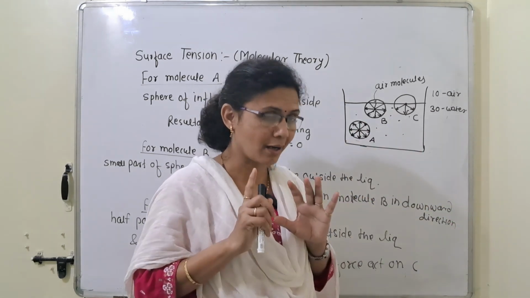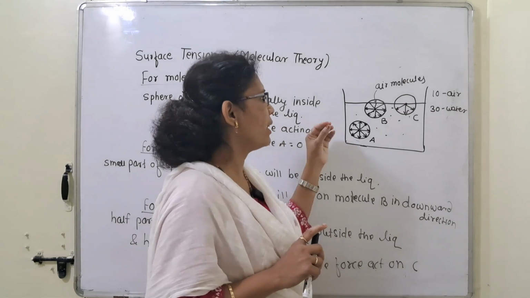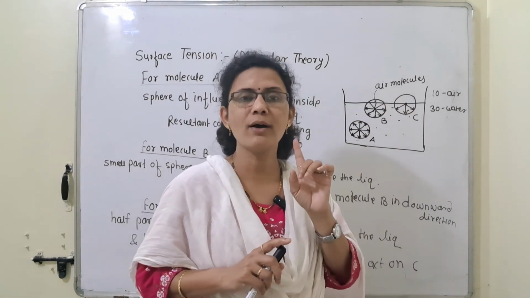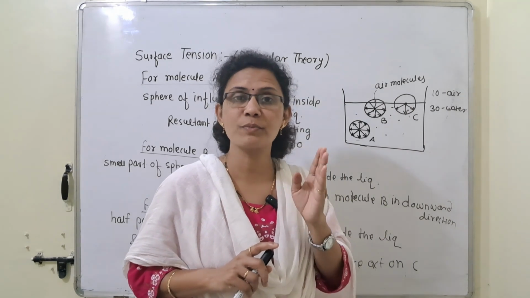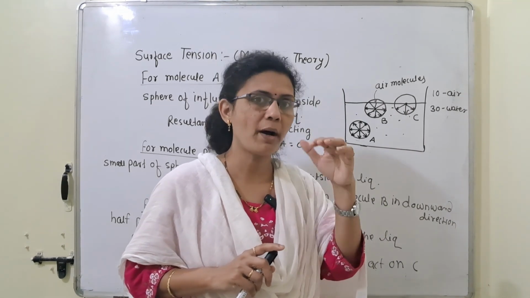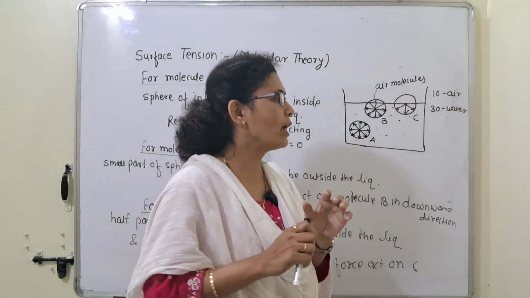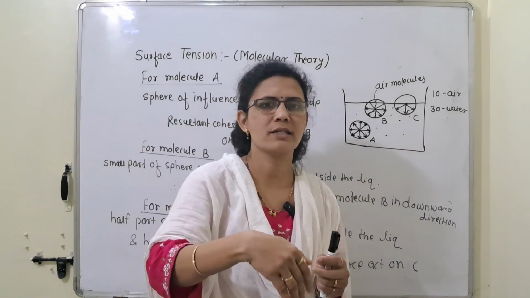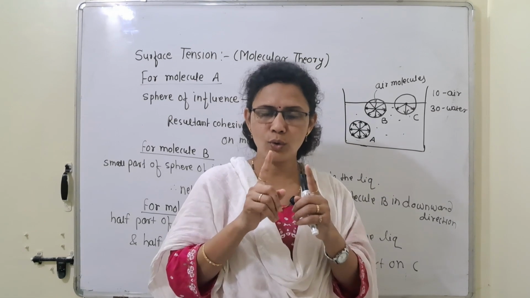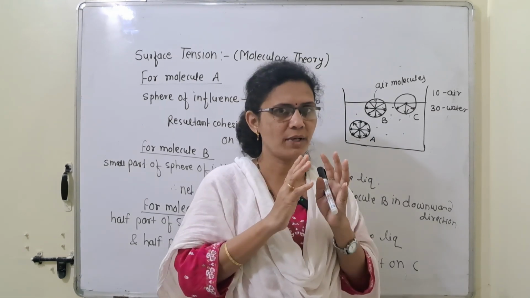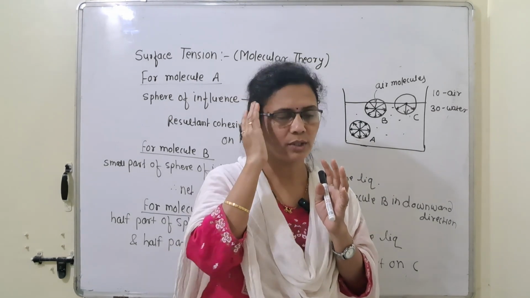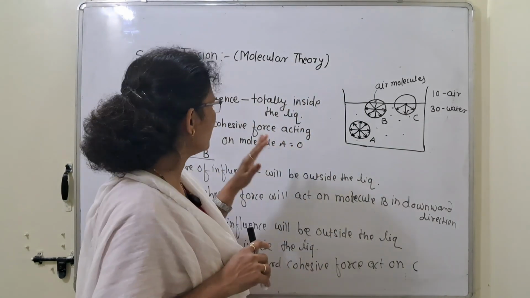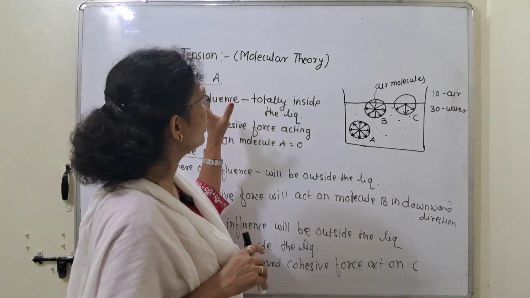You have to write half part of sphere of influence, small part of sphere of influence and whole sphere of influence of molecule A is inside the liquid. So during writing the explanation, keep these things in your mind. Okay, so this is the explanation for molecular theory.